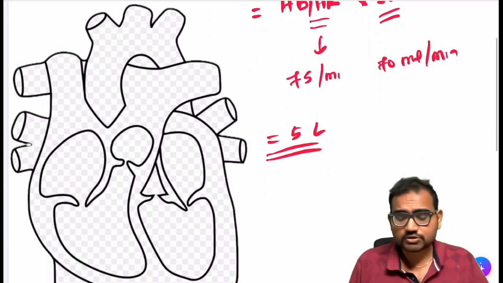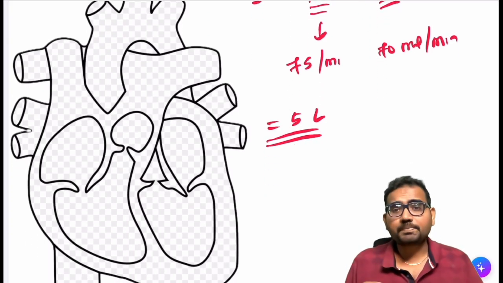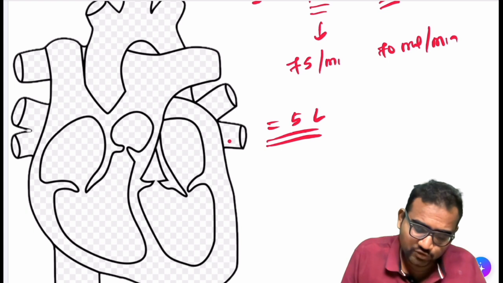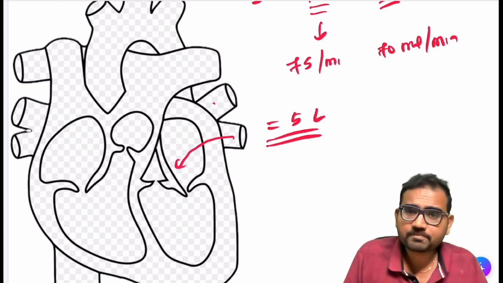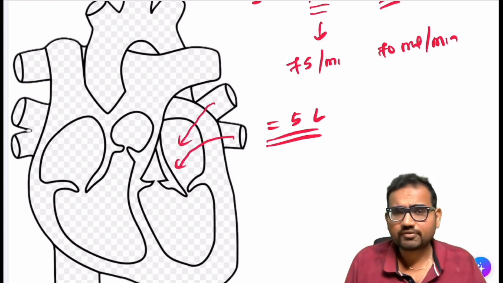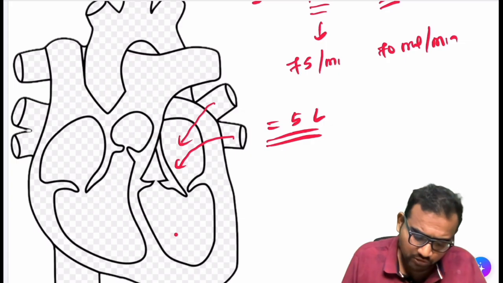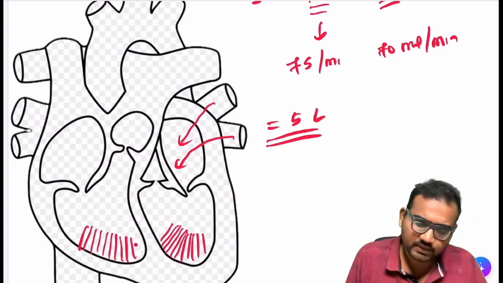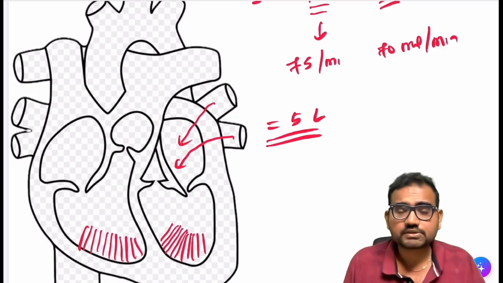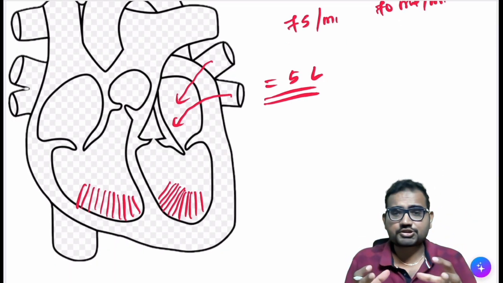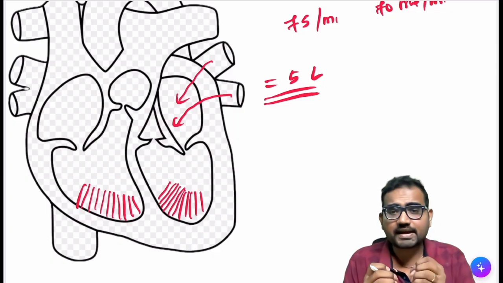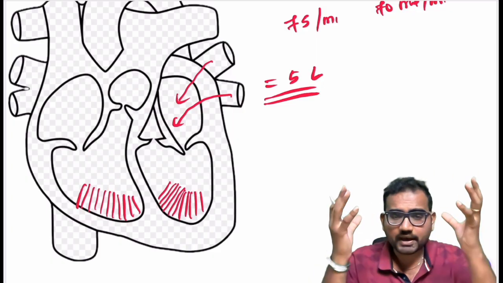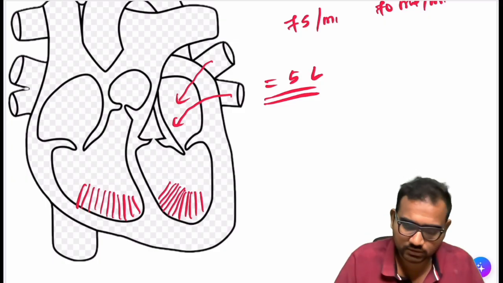So you should come across the term preload. Preload is very simple. The blood is coming in from the veins, so the amount of blood that enters into the ventricles causes the maximum stretch, which is called the end diastolic volume. So the amount of blood that enters into the ventricles is the preload.